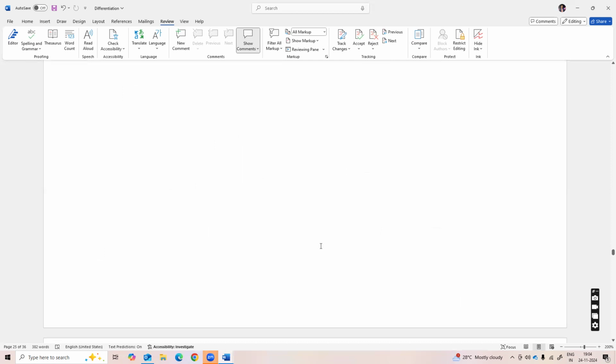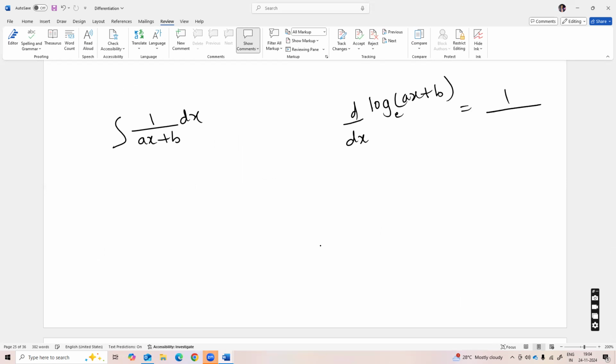In similar manner, if we have to find the integration of 1 upon ax plus b dx, we know that if we take log of ax plus b and find its derivative, it will be 1 upon ax plus b, and using the chain rule, we again find the derivative of ax plus b, which is equal to a.